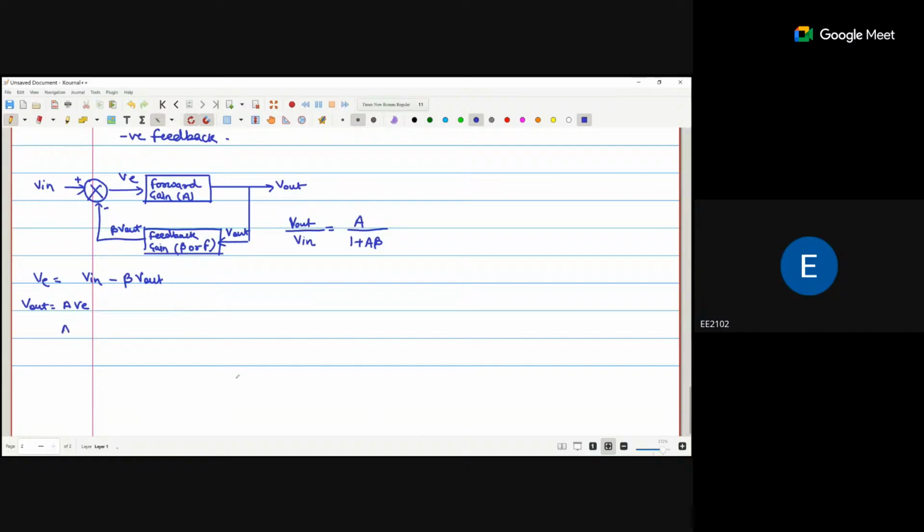So I put all the values in this equation. A time V in minus A beta time V out is equal to V out. So I am taking the V out as common. So 1 plus A beta times V out is equal to A time V in.